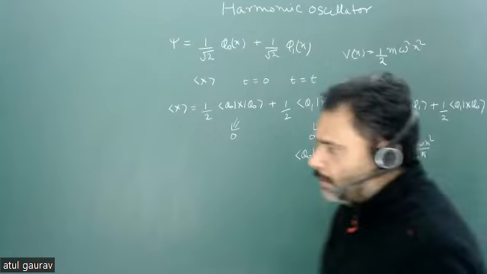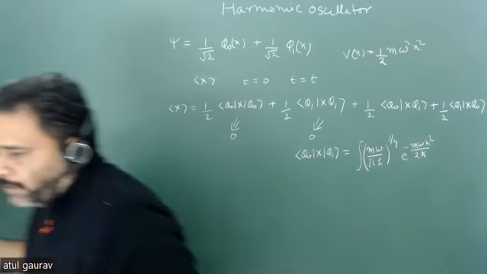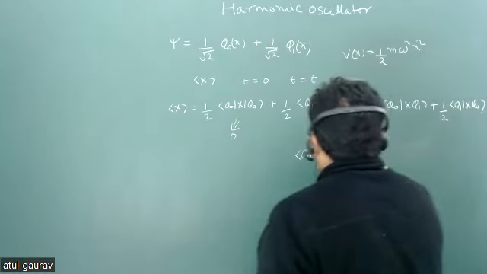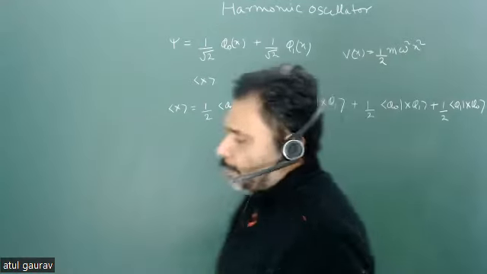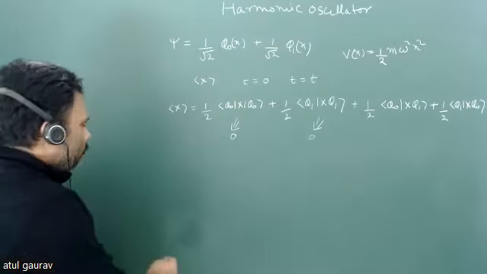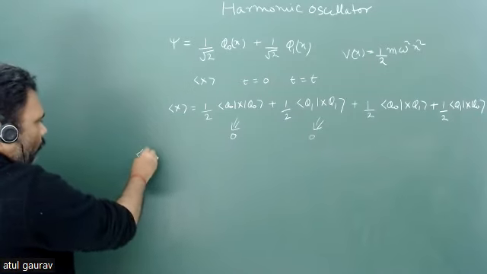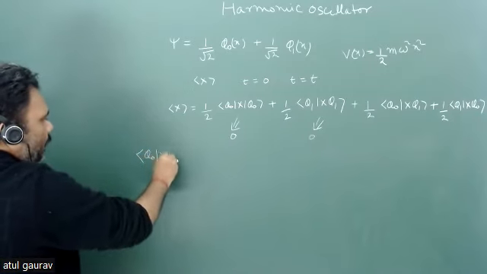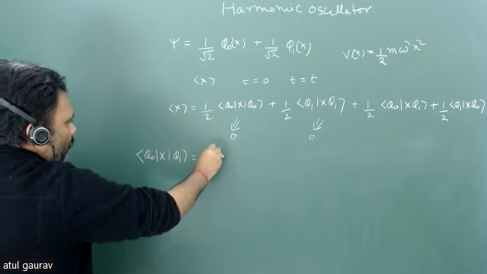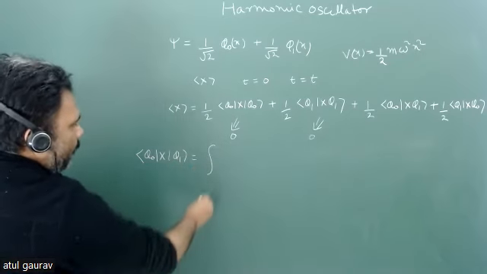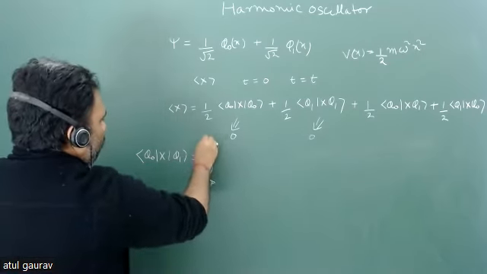I have to use this space, because it will take more space. So we have to go for phi naught x phi 1, and obviously the integration is from minus infinity to plus infinity.